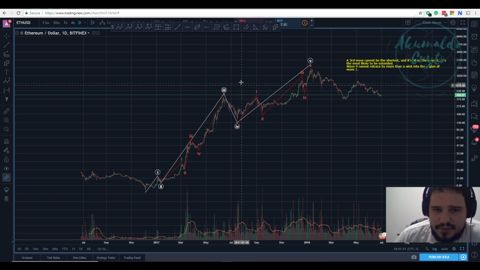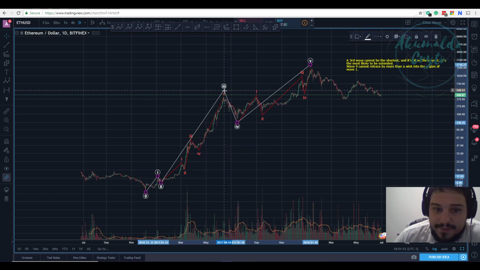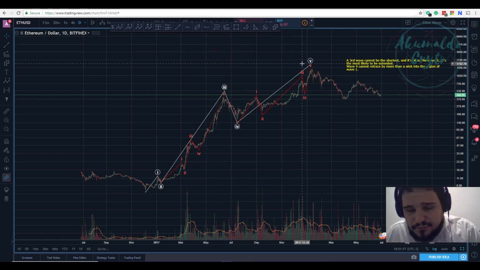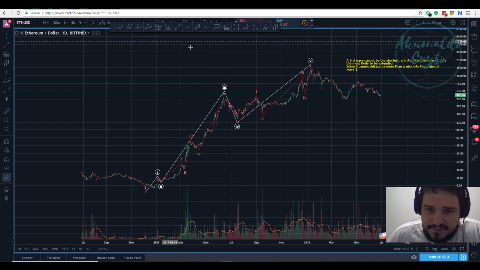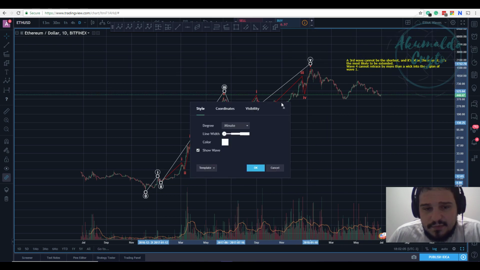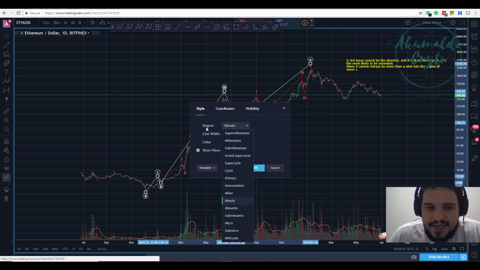You can change the label of the Elliott Waves to make it easier to read. And of course, why do we have this degree here?